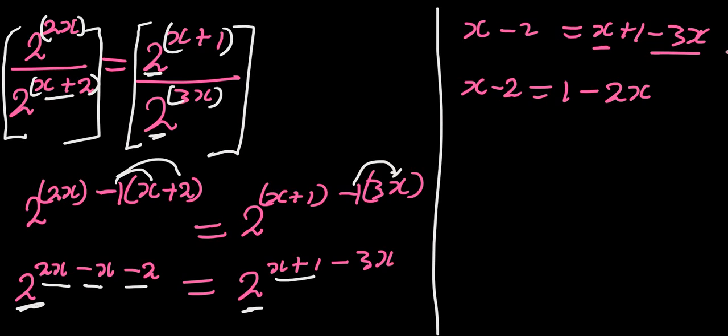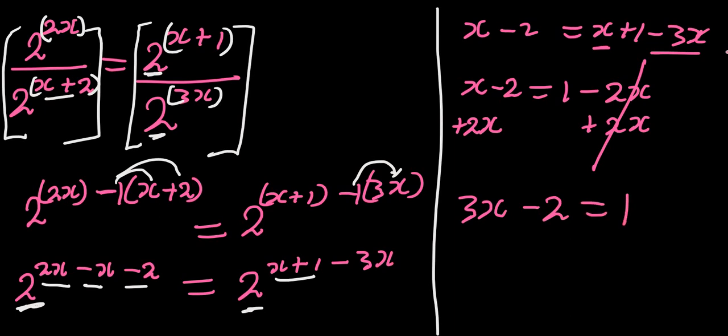So now let's add 2x to both sides. Good. So -2x plus 2x cancel out, and now x plus 2x is going to give us 3x minus 2, and this is equal to 1.